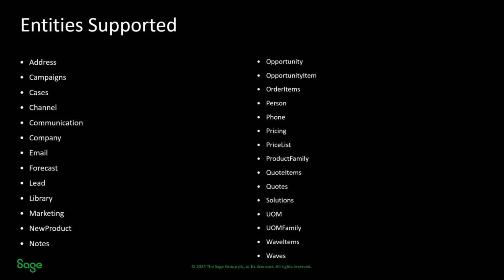Now, we're in a sort of funny situation in the sense that we can only support what we've tested, so we say we support these entities because these are the entities that are available to Sage CRM to see. We can't know that we're supporting your custom entities because we can't test your custom entities.